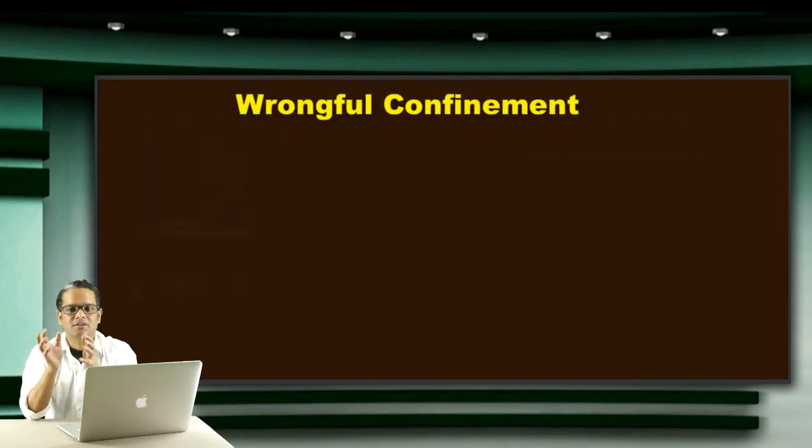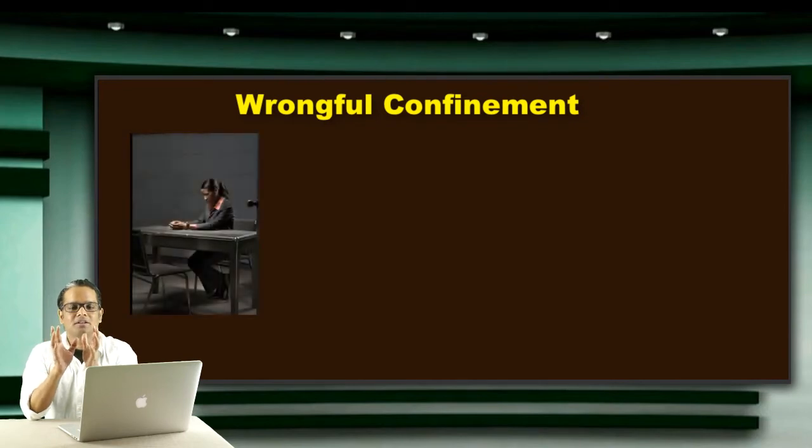Wrongful confinement. As the word wrongful suggests, something is being done which cannot be justified under the law. So it is wrongful. Confinement means restraining someone in a given area.